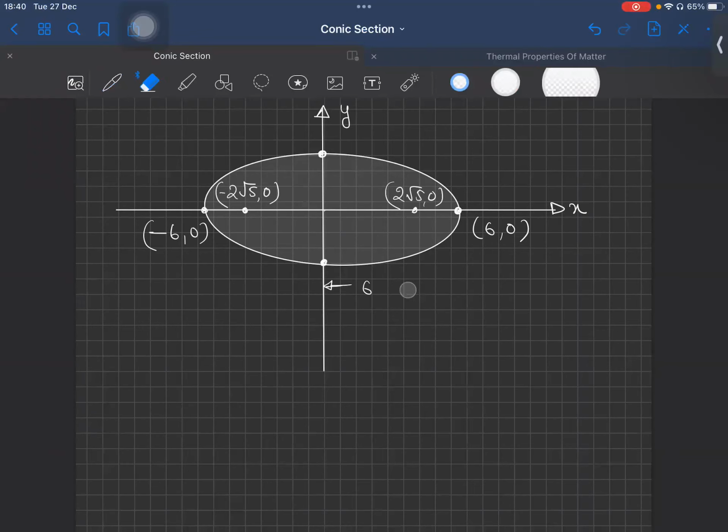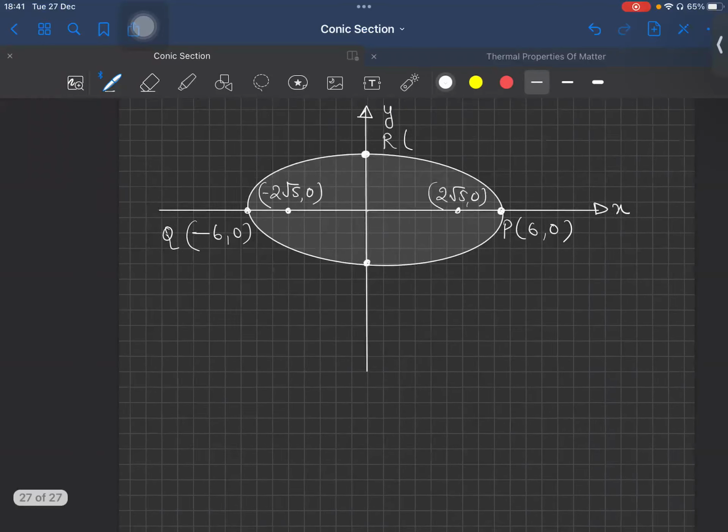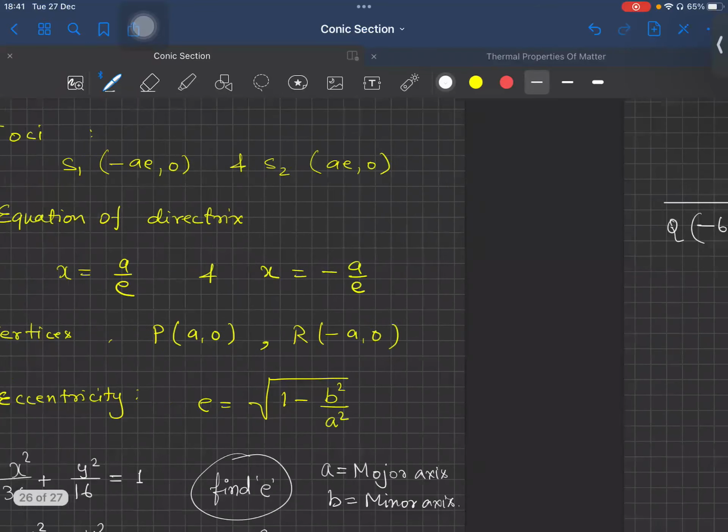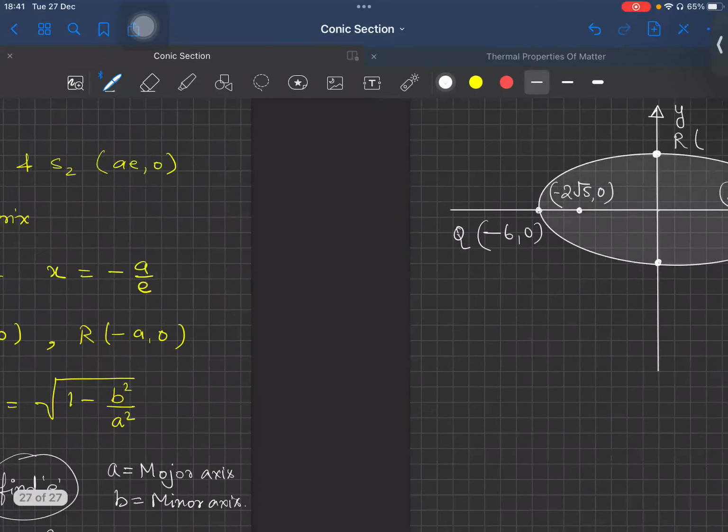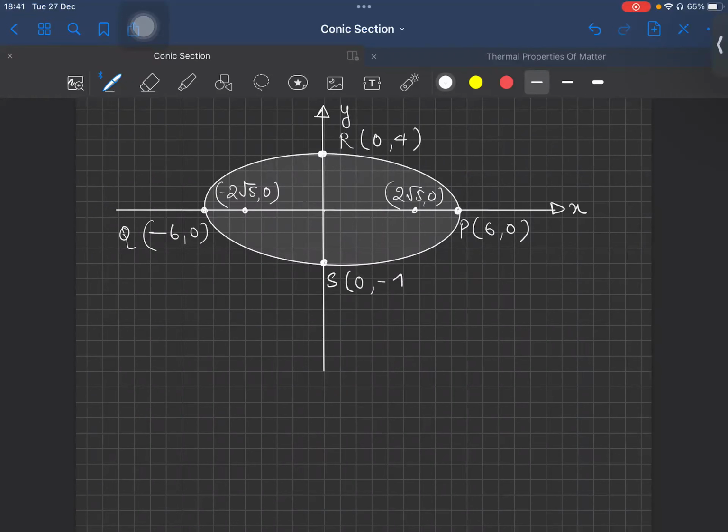What will be the coordinates of these 2 points? Anyone? Let's say this is P, this is Q, this is R. What will be the coordinate of R? Major axis, how much is it? 4, right? So this will be 0 comma 4. S will be 0 comma minus 4. So this is the ellipse that we want.